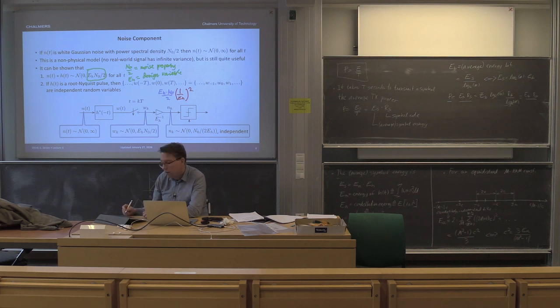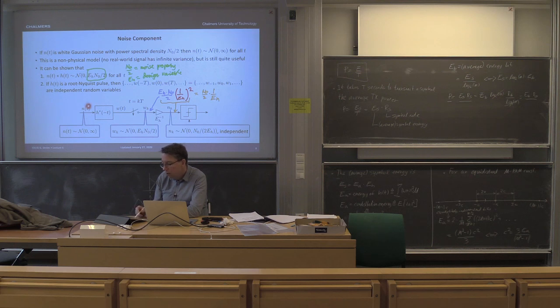This will be the variance at this point. Okay, so this is the variance here, and this is the variance here. And we can simply see that this is n0 over 2 times 1 over EH. Like this. Okay, according to what we did previously.